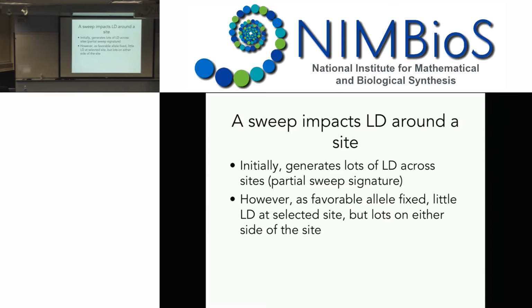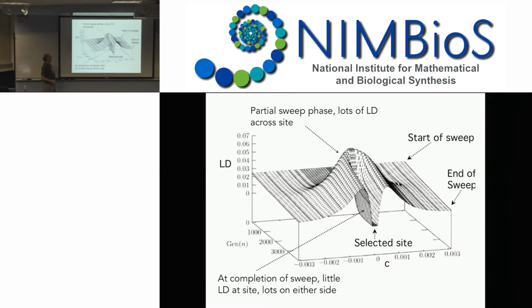LD is impacted in very non-intuitive ways by a sweep. So initially, a sweep generates lots of LD, and so a strong signal for an ongoing selection is what are called long haplotypes. However, as the allele gets fixed, you've got this weird feature of little LD at the selective site, because it's removed most of the variation, but lots of LD on either side.